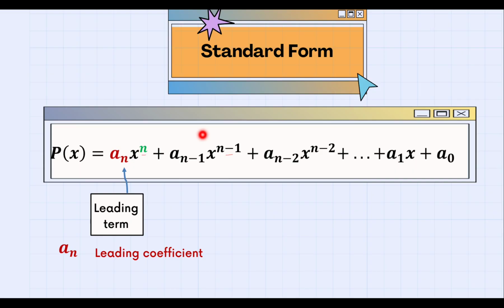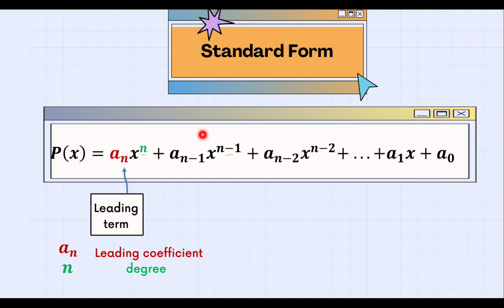As long as that is the numerical coefficient of the leading term, then that is the leading coefficient. Likewise, in the leading term is the exponent n, and that is the highest exponent, therefore, that is the degree of the polynomial. All right?